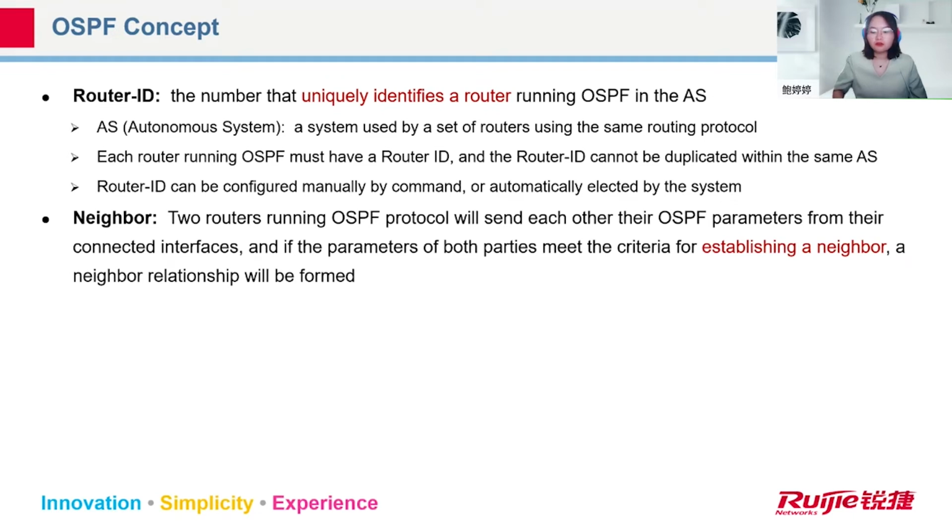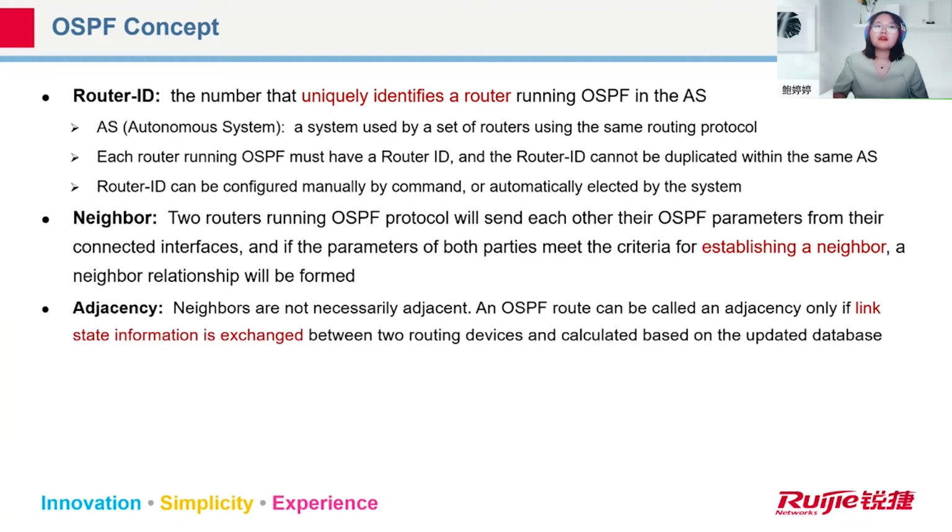The third one is adjacency. Adjacency means we can exchange link state information, but a neighbor relationship is not necessarily an adjacency relationship. Maybe not. It depends on the network type and on your router role.